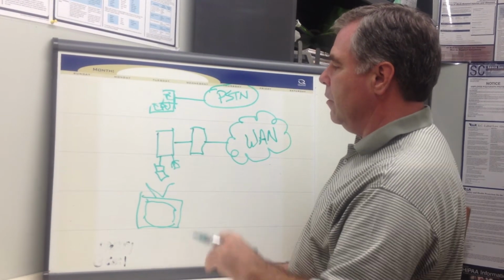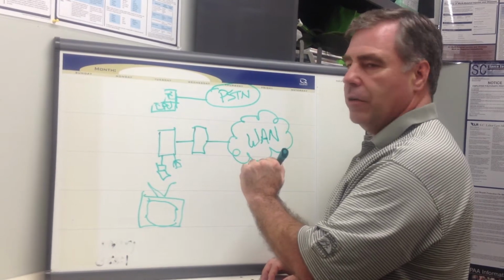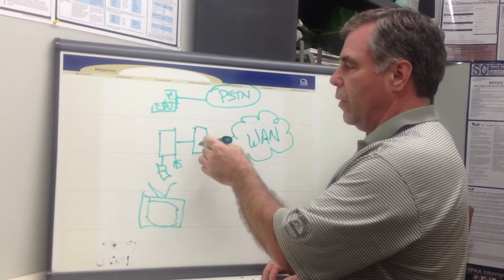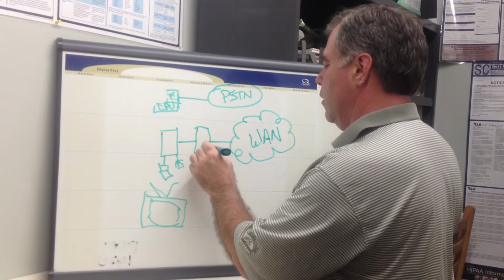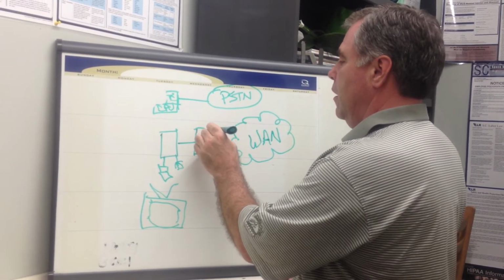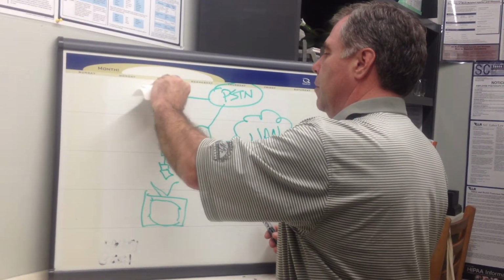We also figured out that, well, if we can connect to the wide area network from the router, can we connect from the router to the PSTN? Again, it just takes a little card. And we don't need the trunk card anymore.